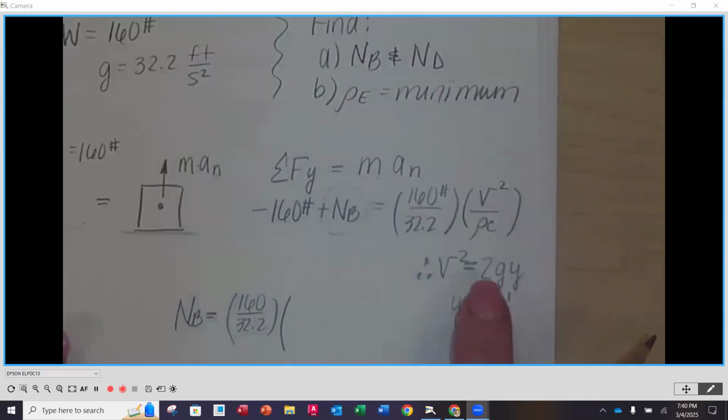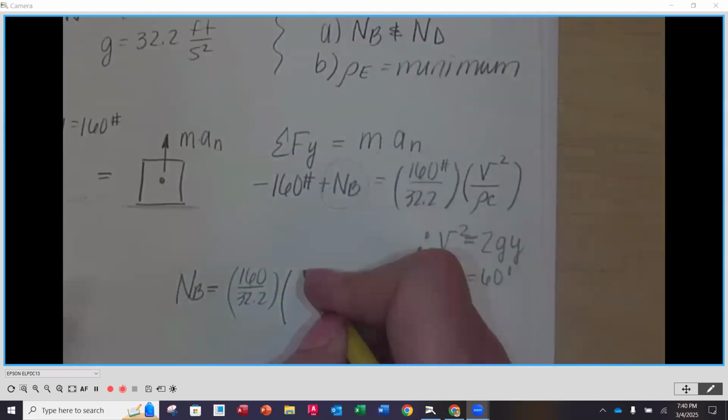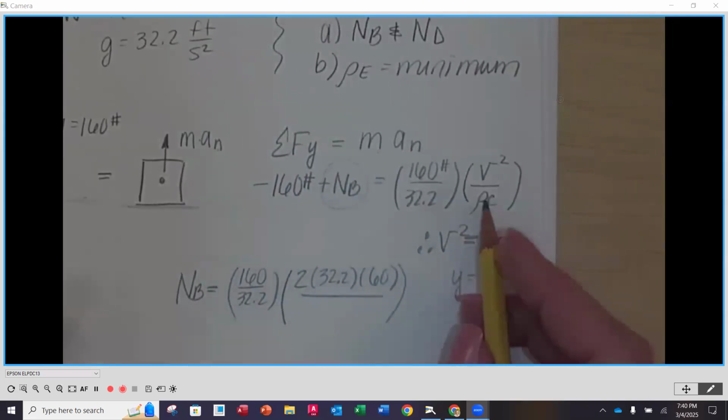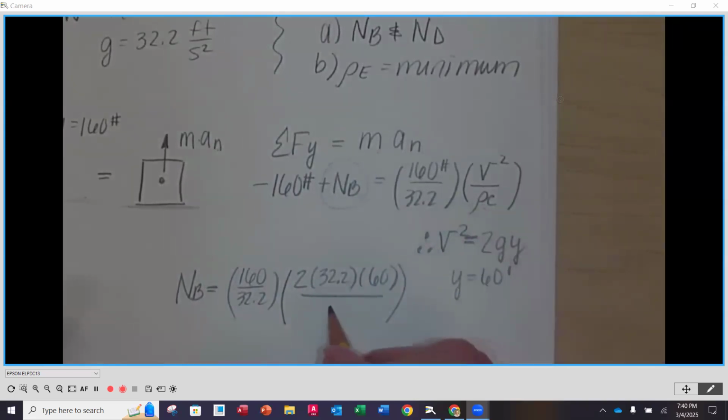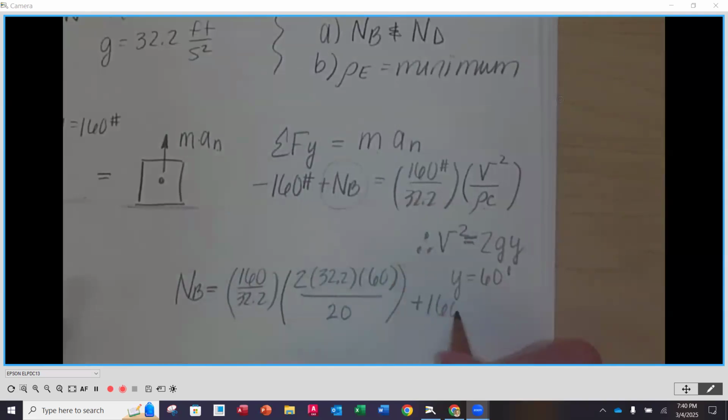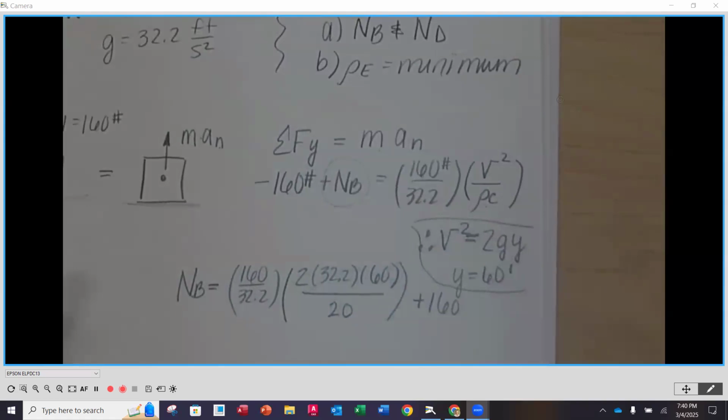I'm going to substitute the 2 times 32.2 times 60, because the y is 60, divided by the radius of curvature at C, which is 20. And then we're going to say plus 160. So NB is equal to that.